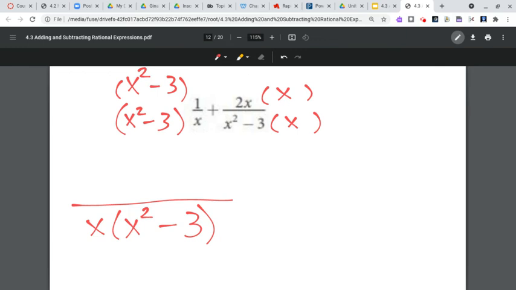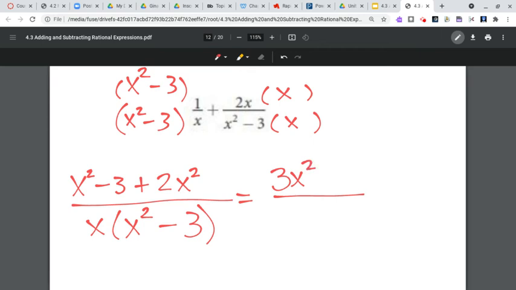I distribute in the top, which obviously a 1 distributed in gives us x squared minus 3 back, plus 2x squared, okay, which when I combine like terms in the numerator gives us 3x squared minus 3. Now, I can factor additionally in the top.